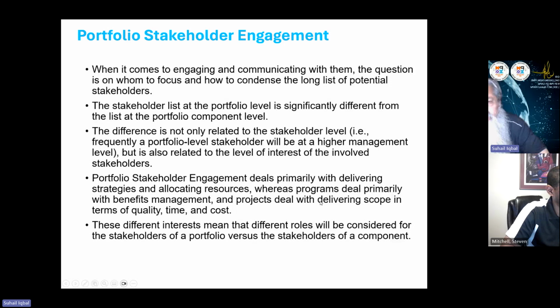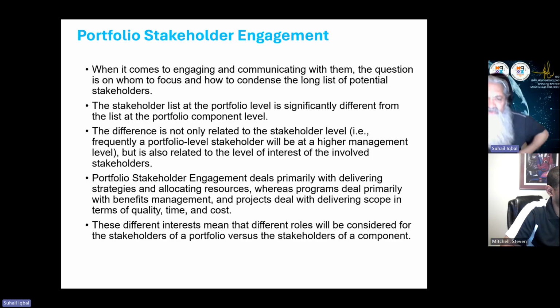When it comes to engaging and communicating, there is a second part. First is the engaging, and second is communicating. When we know and understand who our stakeholders are, we identify them, then we need to engage with them. We need to try to understand them, what they want.